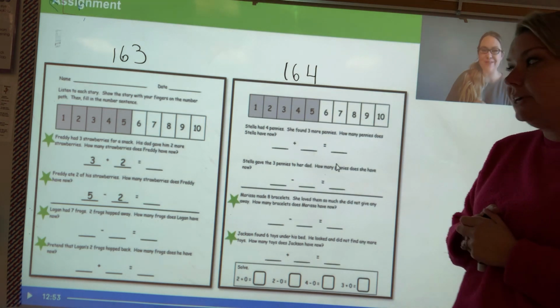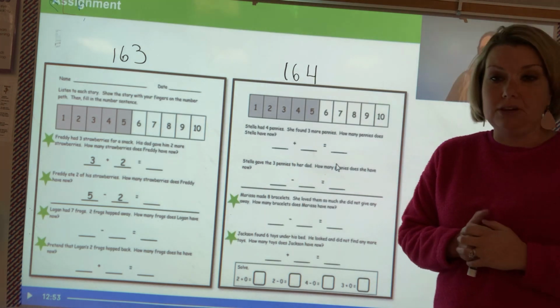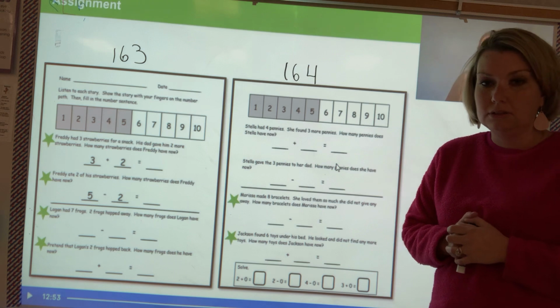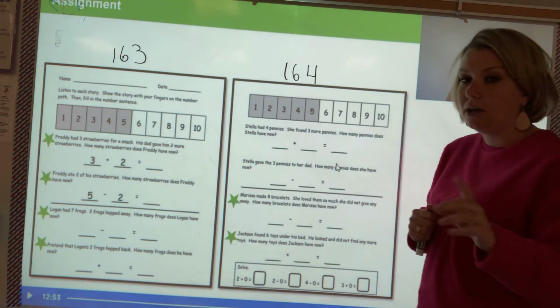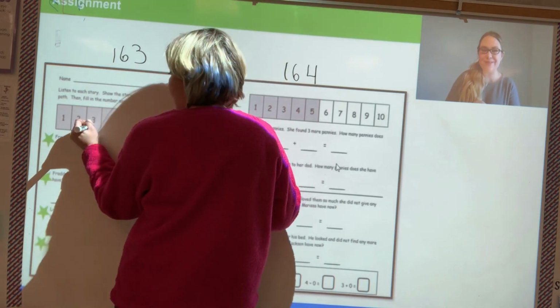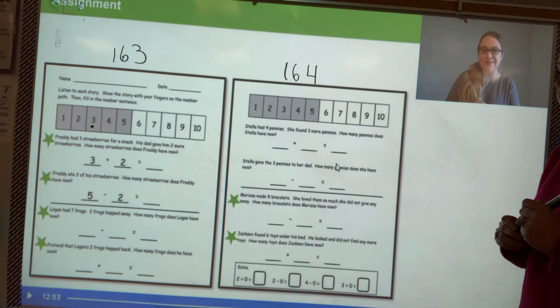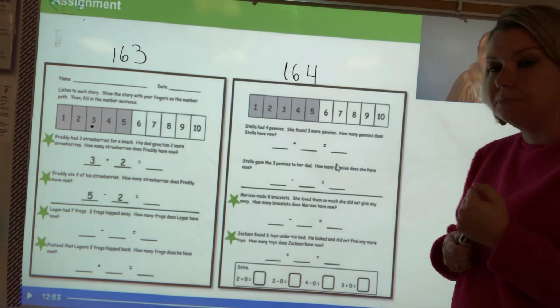Freddie had 3 strawberries for a snack. Where do I put my pointer finger? You put it on the 3. Okay. We're going to put our pointer finger on the 3. I'm going to make a dot to show. Now, his dad gave him 2 more strawberries.